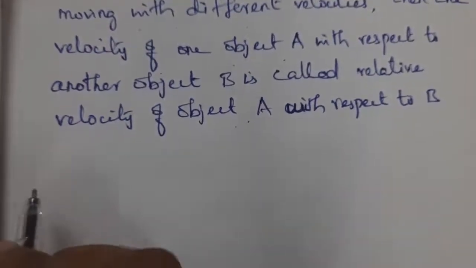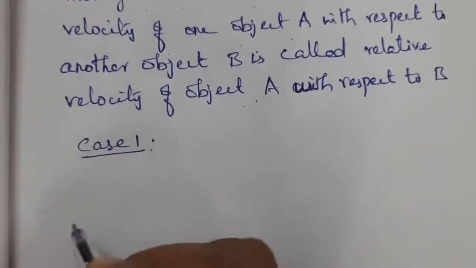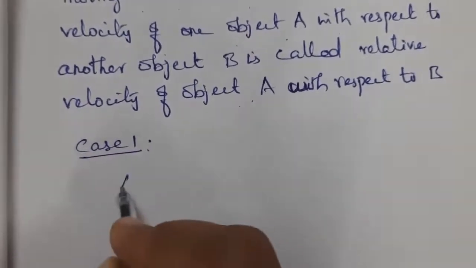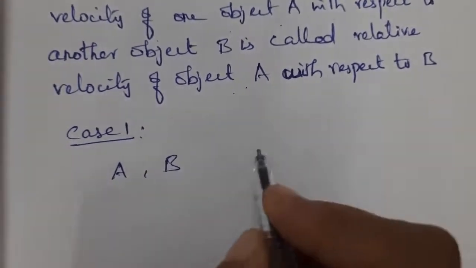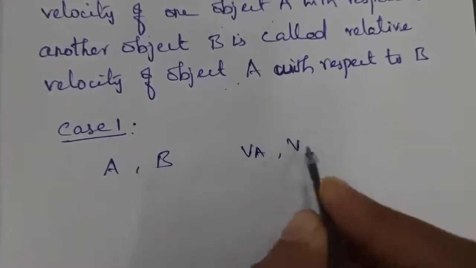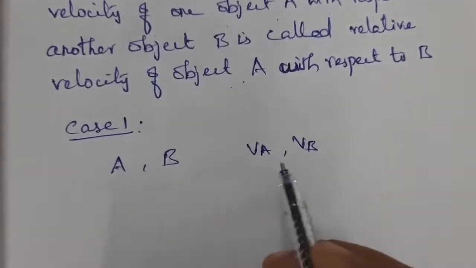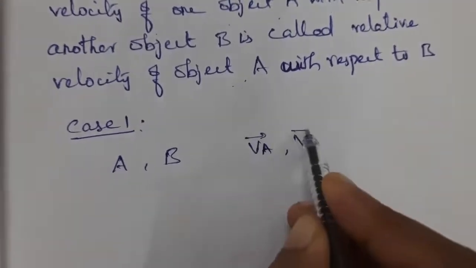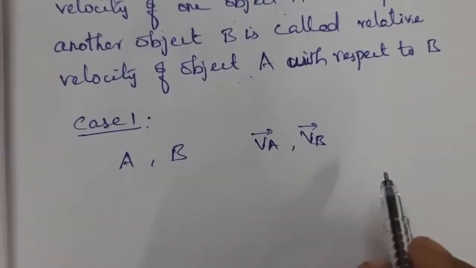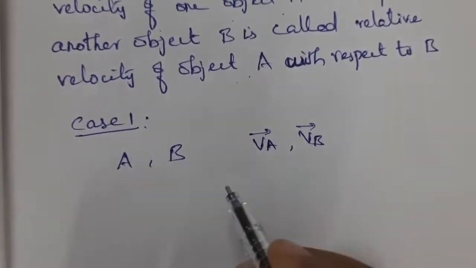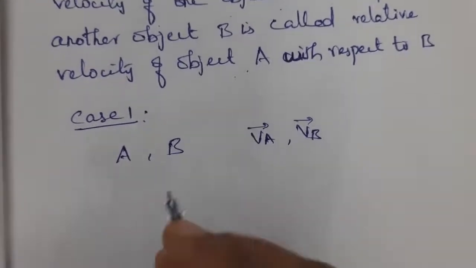Let's see some of the special cases in this relative velocity. Case 1. Consider two objects A and B moving with uniform velocities VA and VB along straight tracks in the same direction. What is the relative velocity?